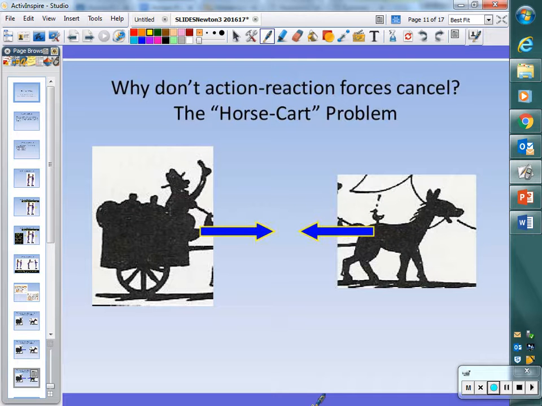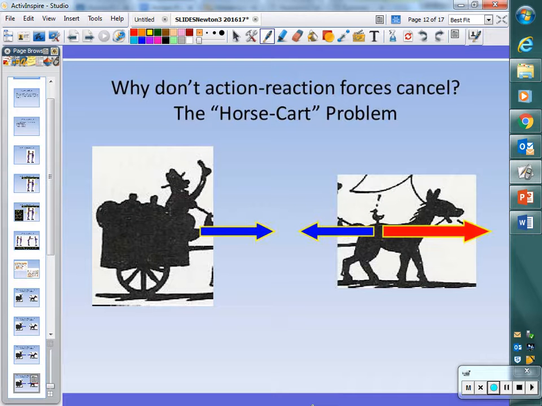We have to add this part of the story. If the horse is going to move forward, there has to be another force. And how big does that other force have to be? Bigger than blue, right? So we have to add a red force. Where does that force come from? So you have something to push off of. You push off of the ground.